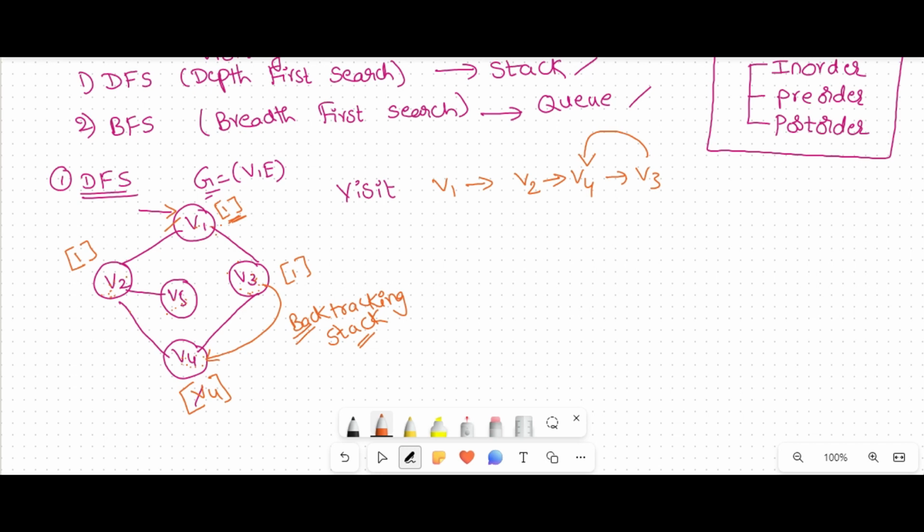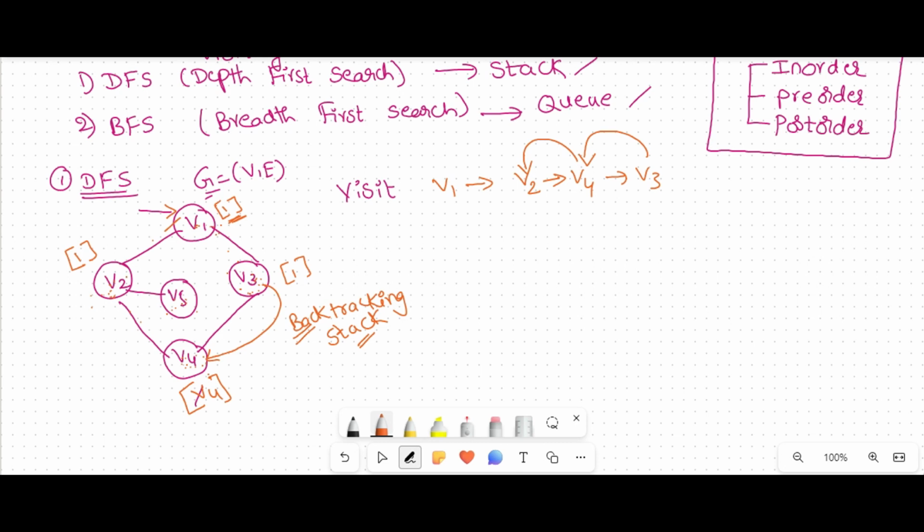So V4 adjacent vertices are V2 and V3. V2 is already visited, V3 already visited. Then what shall I do? Again move back to the V2 vertex. V2 adjacent vertices are V1, V5, V4.